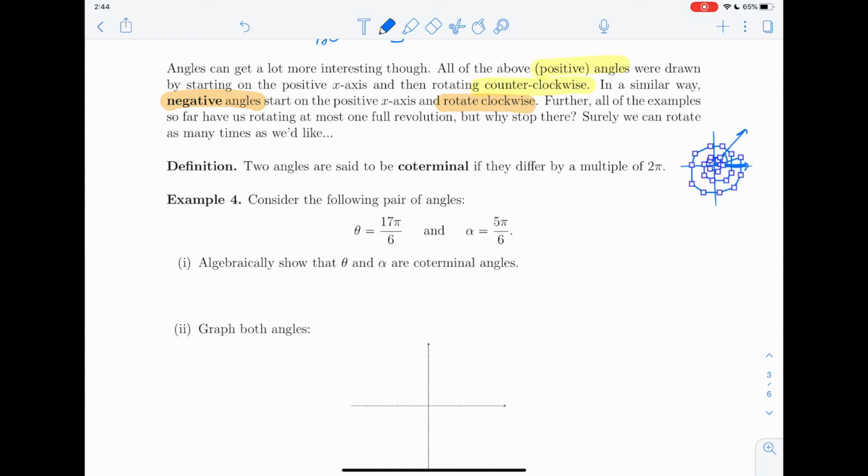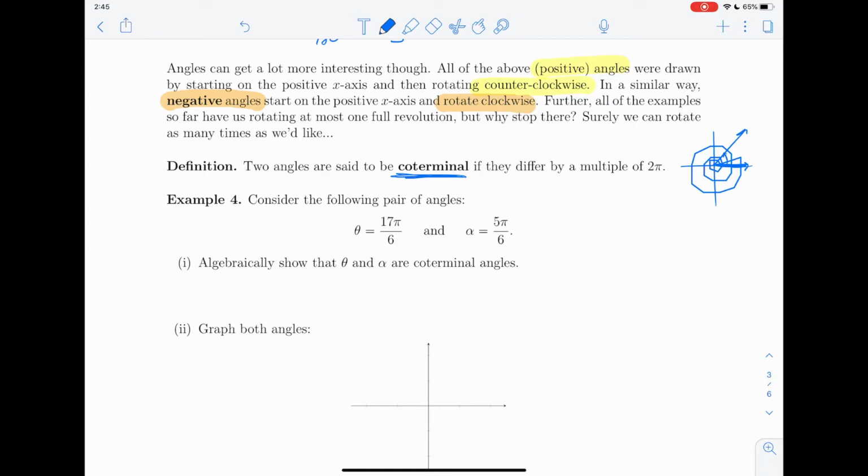As long as I do that, I still end up pointing in the same direction, and therefore it can be thought of as the same angle. But of course, it was constructed in a different way. So I have to somehow understand that these are different angles, but still the same angle. This is a relatively new idea for us, and we're going to have to give this notion a definition. The definition we're going to come up with is going to be referred to as coterminality.